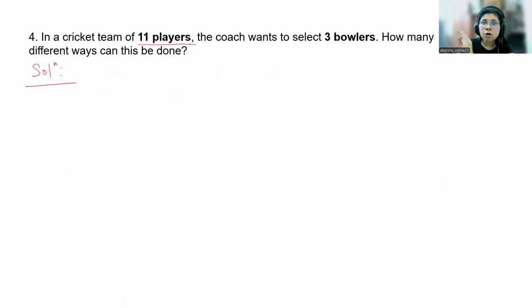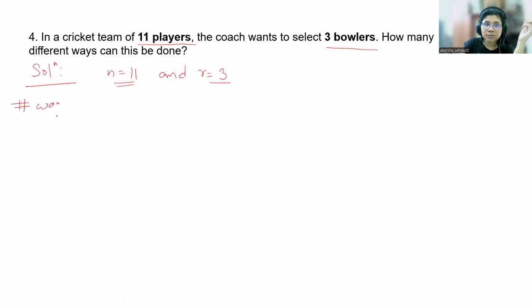So what they want to know is out of 11 players, in how many ways one can select 3 bowlers. Simple. So N is 11, R is 3. Basically, you want to select 3 out of 11, right? So you know how to do it.